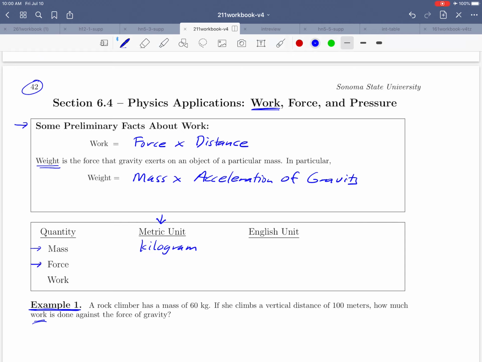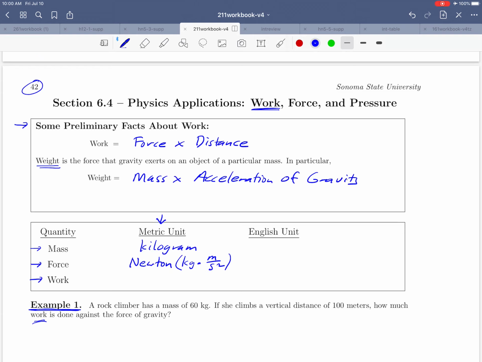What about force? Okay, well, force is about taking a mass and multiplying by an acceleration. So if we break the units down, they would be kilograms times meters per second squared. Because that comes up so often, we give it a special name. It's called a Newton. Okay, a Newton is 1 kilogram times meters per second squared.